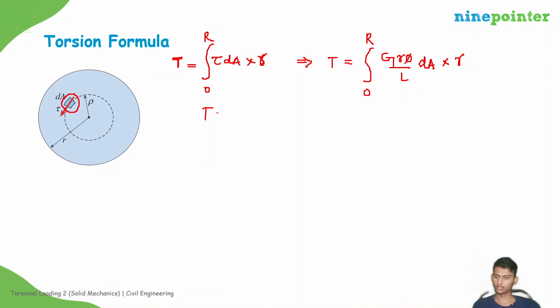So T will be equal to integral 0 to R of G phi by L r square dA. So G phi by L are constant.